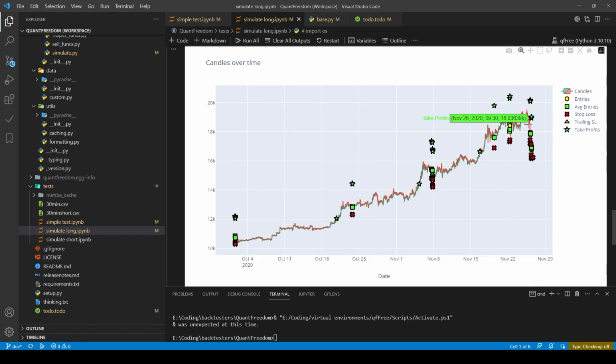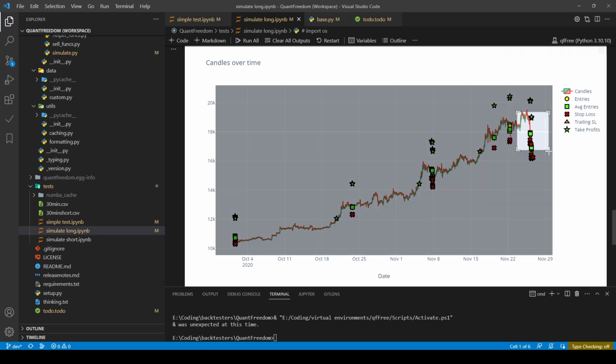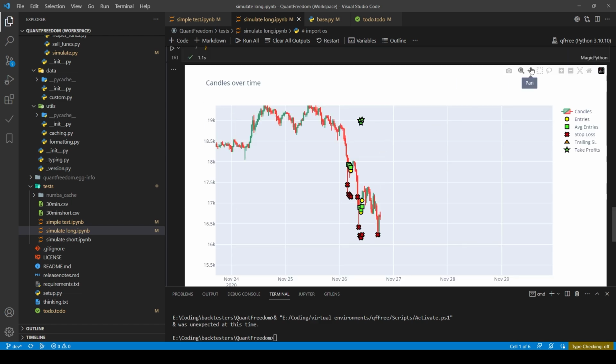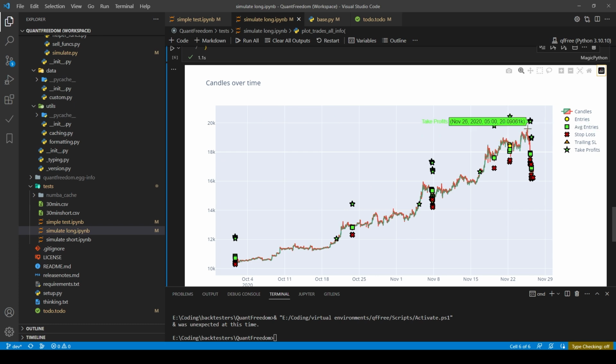There we go. Wow, what is this all about? Oh, because it was the low. Damn. Why are we getting data all the way up to... Oh wow. Maybe we should have cut it off at the 26th. Because we got destroyed.